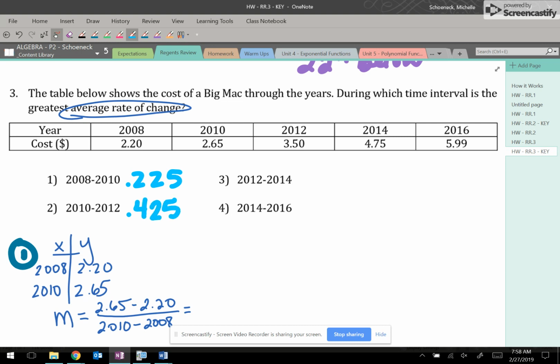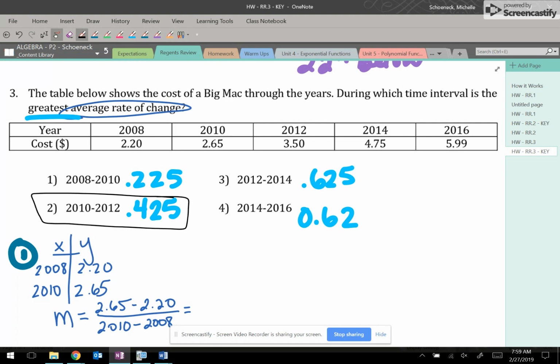Make sure you're actually doing these and not just watching me do it. The next one is 0.625. And finally, the last average rate of change is 0.62. Okay, so the one that has the greatest average rate of change is from 2010 to 2012.